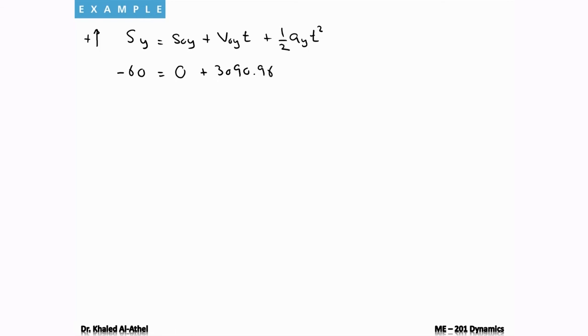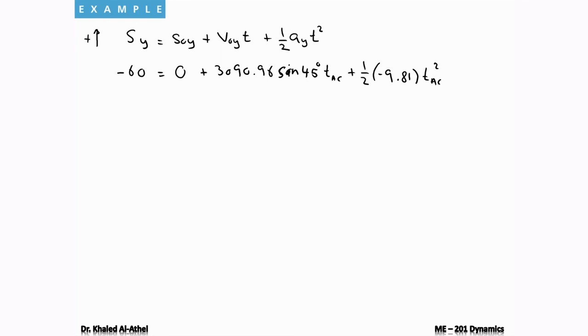I'm taking the vertical component, so it's going to be sine 45 degrees times the time for A to reach point C, plus half. Gravity is downward, so it's minus 9.81 times TAC squared.